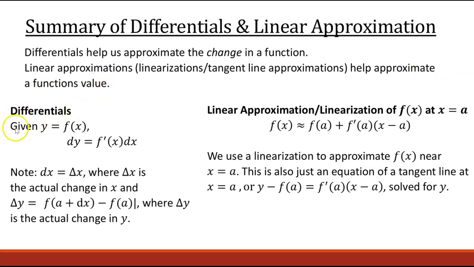So for differentials, we need to be given y equals f of x, and then we can compute the approximate change in y, dy, by doing f prime of x times dx. And again, dx is the same as delta x. Delta x is the actual change in x. And then delta y is f of a plus dx minus f of a.